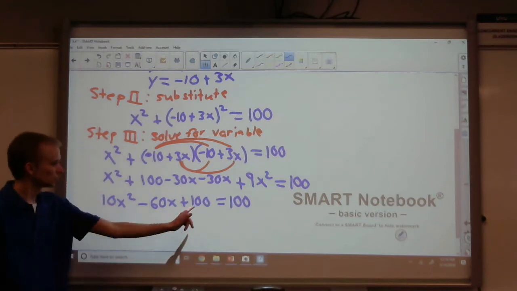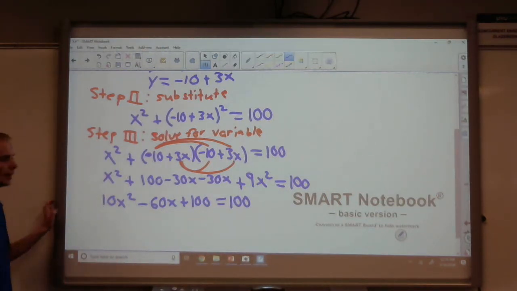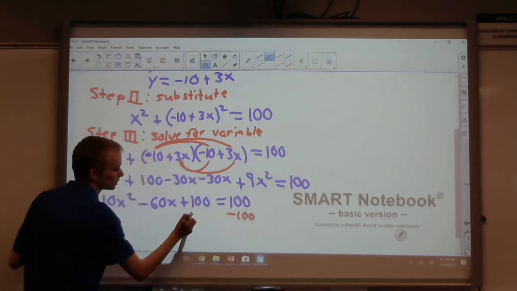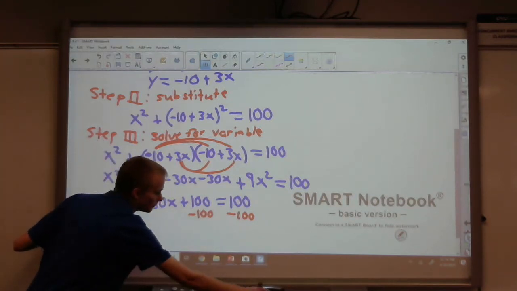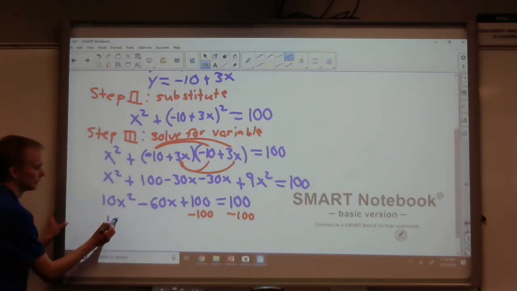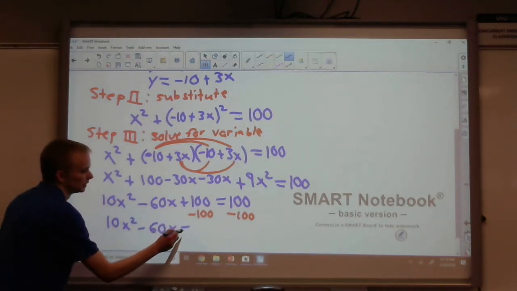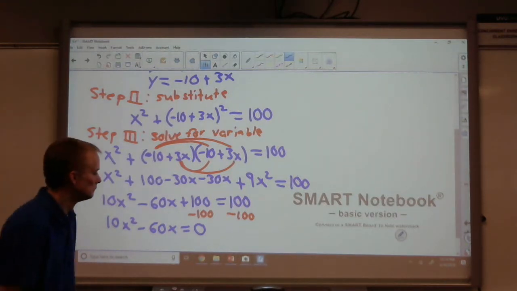This is a quadratic equation, but it's not equal to 0. So I'm going to subtract the 100 over so that I get it equal to 0. And I get 10x squared minus 60x. This is equal to 0, right? The 100s cancel out. Okay.